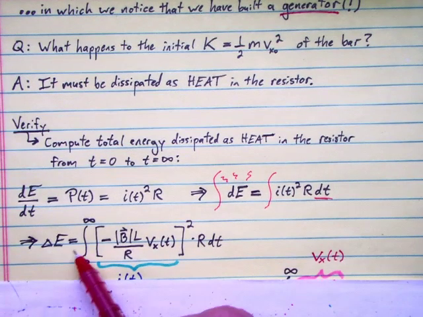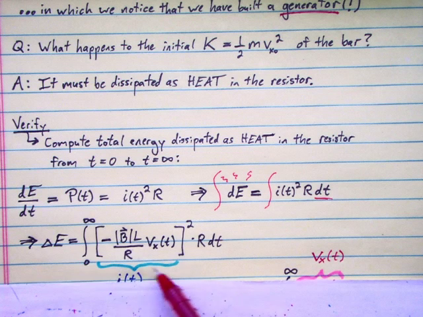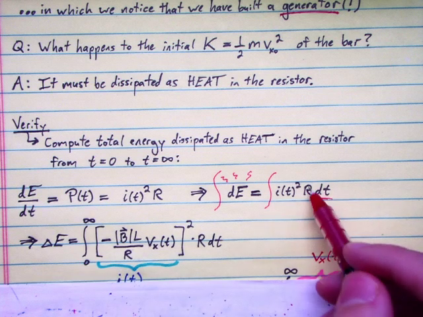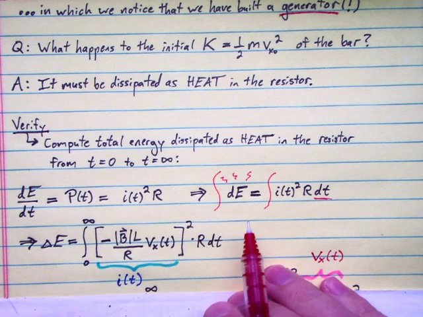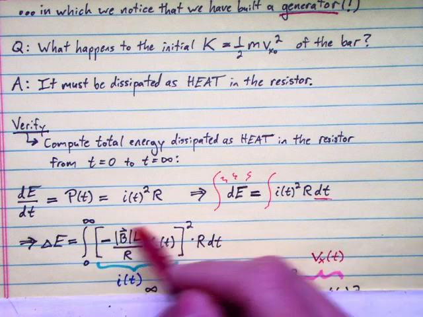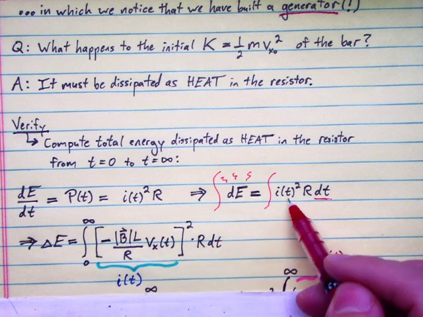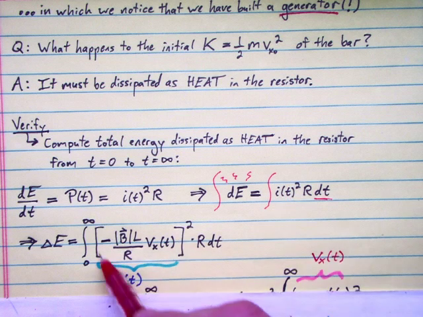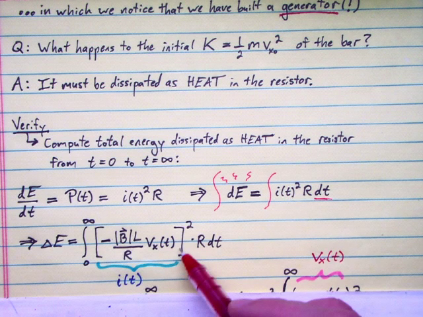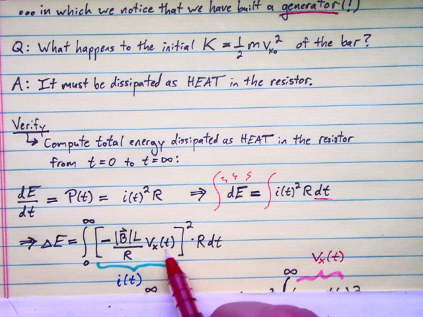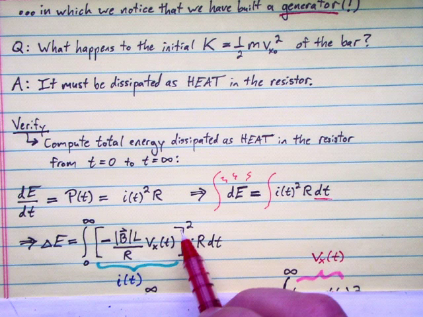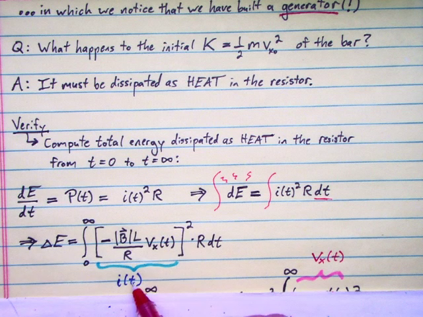So the total energy dissipated, if we wait long enough, will come from integrating this expression as time goes from 0 to infinity. And we're going to substitute in now our function for the current as a function of time. For I of t here, we've solved for this function earlier. We know the induced current in our loop will depend on the instantaneous velocity of the bar. So v is a function of time, I is a function of time.